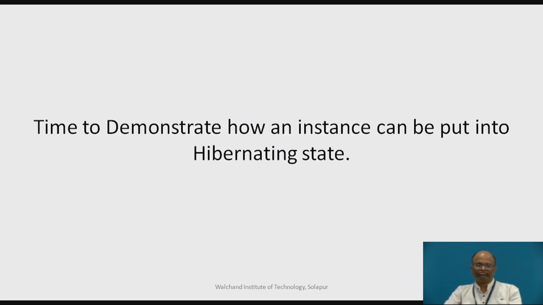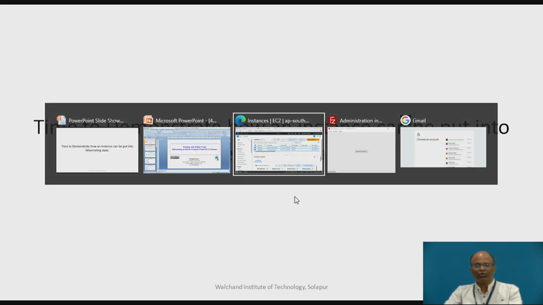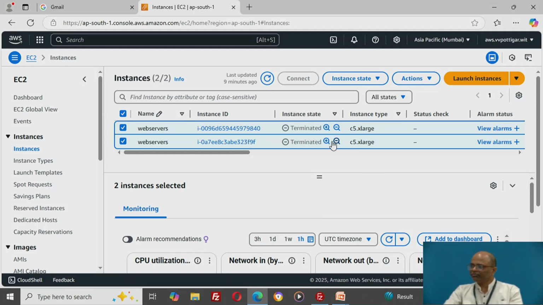Now let's check the time to demonstrate how you can activate the hibernating mode for your EC2 instance. So we will shift to a particular AWS account. I am working in Asia Pacific Mumbai, where I am trying to launch an instance.